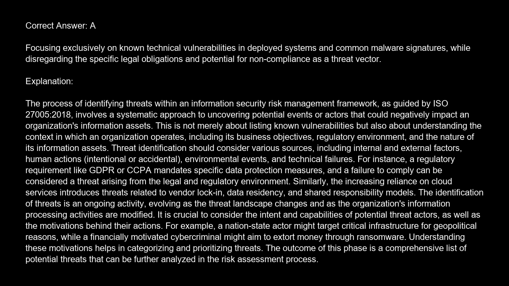For instance, a regulatory requirement like GDPR or CCPA mandates specific data protection measures, and a failure to comply can be considered a threat arising from the legal and regulatory environment. Similarly, the increasing reliance on cloud services introduces threats related to vendor lock-in, data residency, and shared responsibility models.